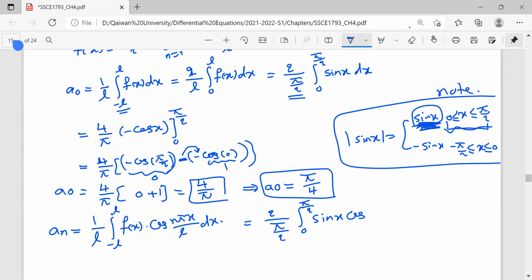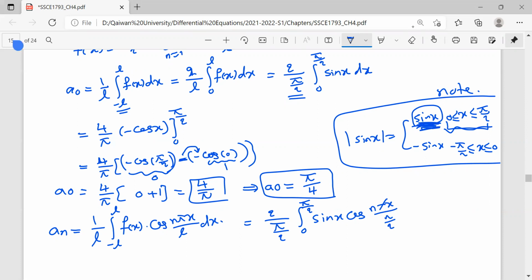We replace L by pi over 2. Cosine n pi x over L, L is pi over 2. These two pi are cancelled out, and we get 2nx.